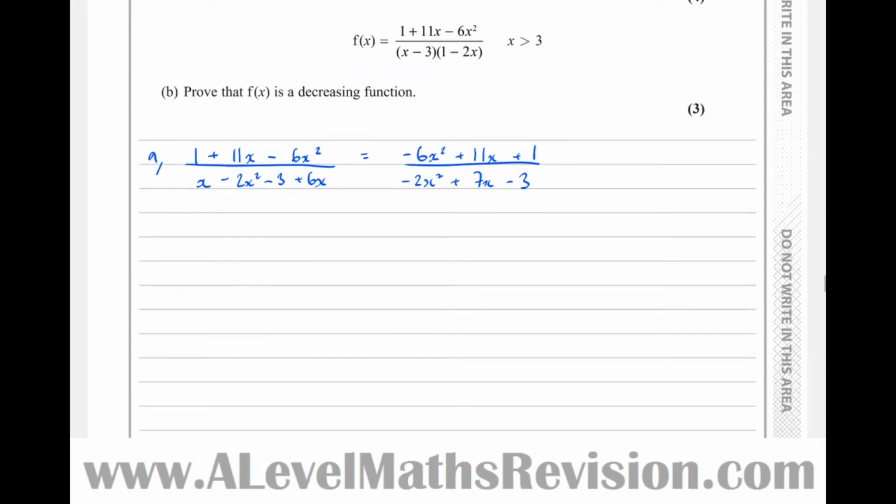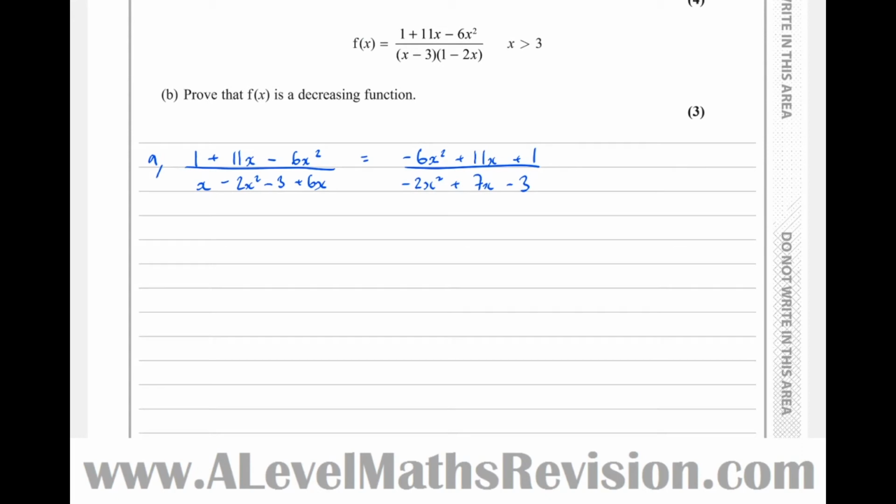So minus 2x squared plus 7x minus 3, and we want something that times us by that to get minus 6x squared. So we can see that that must be 3, and then finishing off the grid, we get 3 times 7x is 21x, then 3 times minus 3 is minus 9.